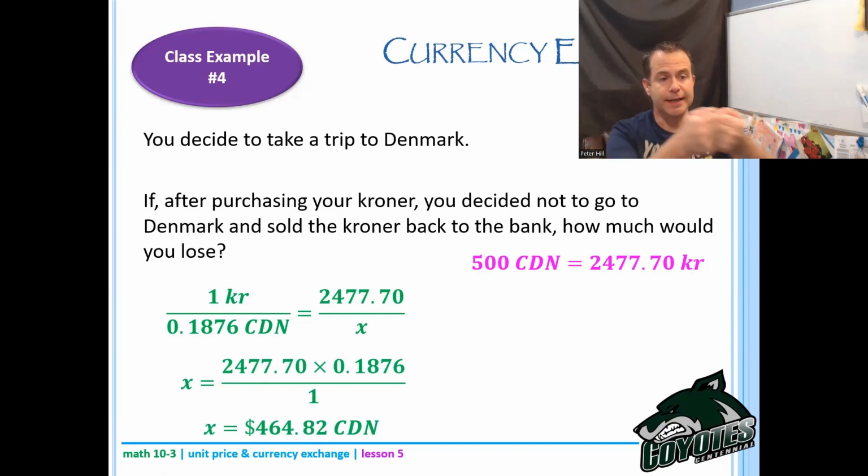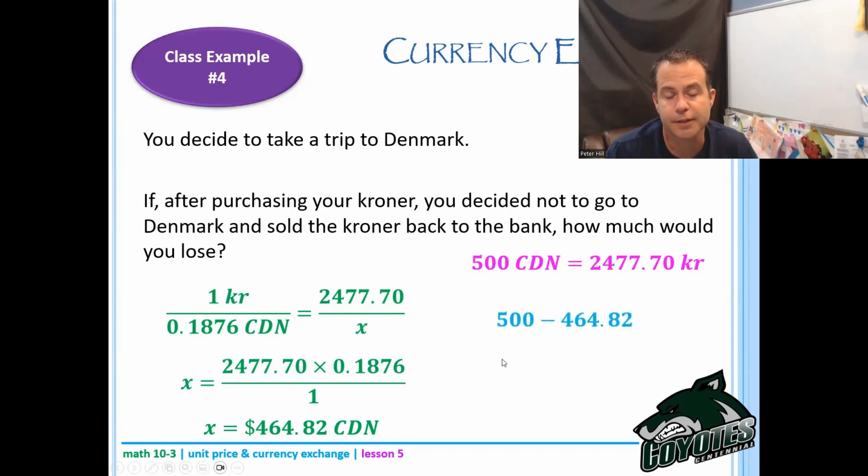Then I took my kroner, I gave it back to them and said, buy it back, please. So the bank's like, we're happy to do that. The bank buys it back, but I end up with only 464.82 Canadian. So in that transaction, I've actually lost money, okay? So I started with 500, I ended up with 464.82. I actually lost $35.18 just from doing that transaction, okay?